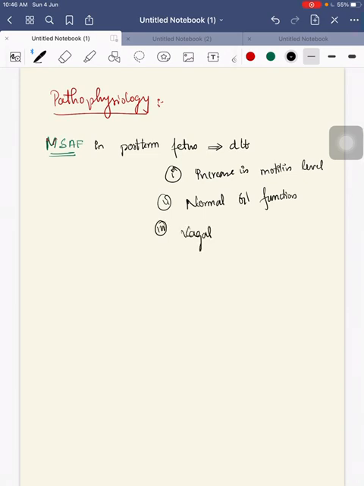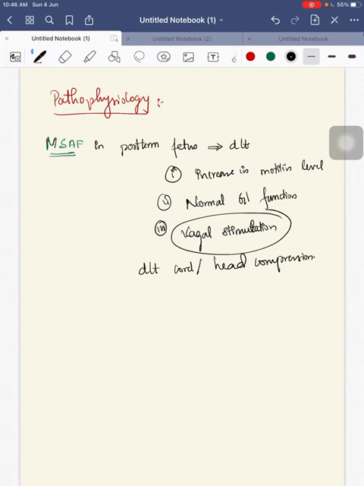Third, it is because of vagal stimulation due to cord or head compression. It can also be due to in utero fetal stress. So the meconium stained amniotic fluid in the postterm fetus is due to increased motilin level with vagal stimulation due to cord or head compression.